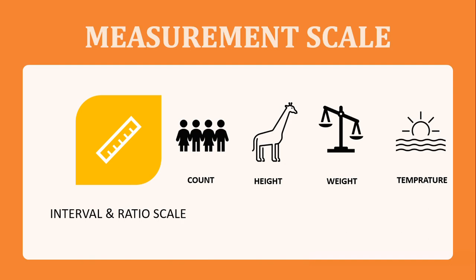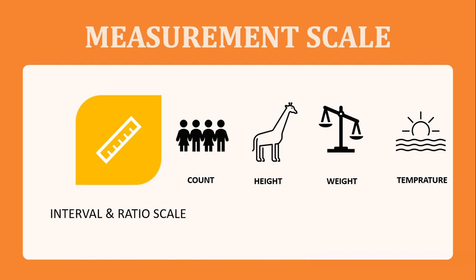Once we identify the type of my variable in terms of measurement scale, whether I am dealing with ordinal data, nominal data, or interval and ratio scale, the first thing is to identify these three scales from my data. Once you identify that, you also identify which one is the independent variable and which one is the dependent variable.